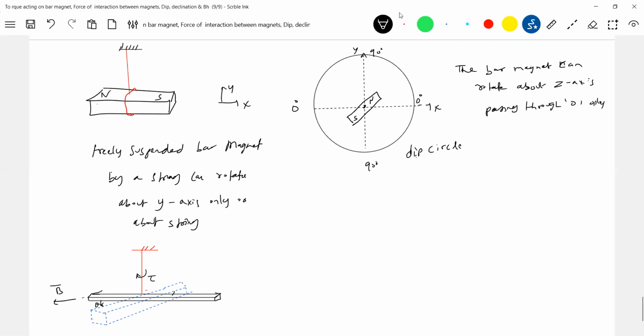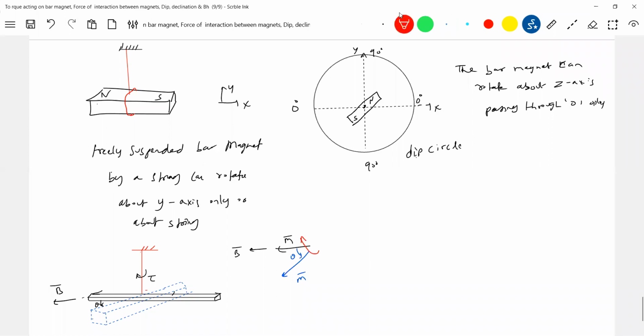The M bar earlier for this position, M bar, and there's the external B bar. So when you slightly displace it, the M bar will come like this. So with the displacement given theta like this, how will the torque act here?